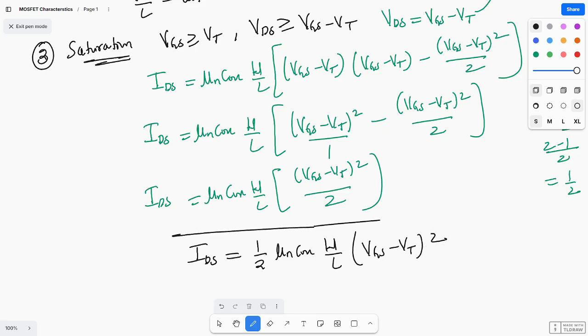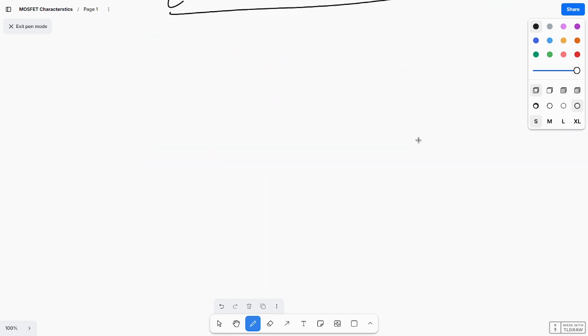This is the drain current equation in saturation. So this is about the drain current in different regions: cutoff region, linear region, and saturation region. Next we will see the drain resistance. What is the drain resistance and what is transconductance? First we will see the drain resistance.